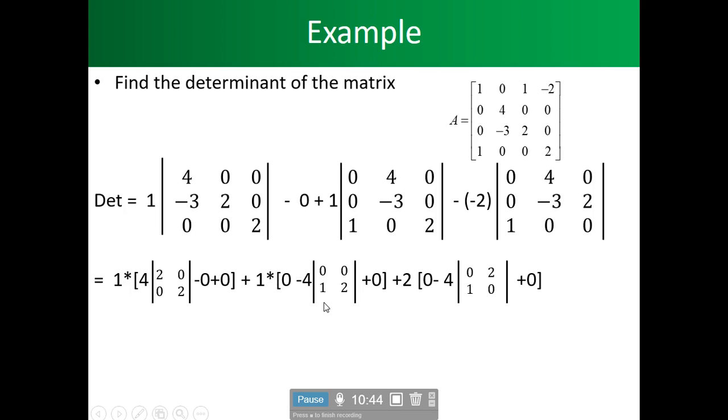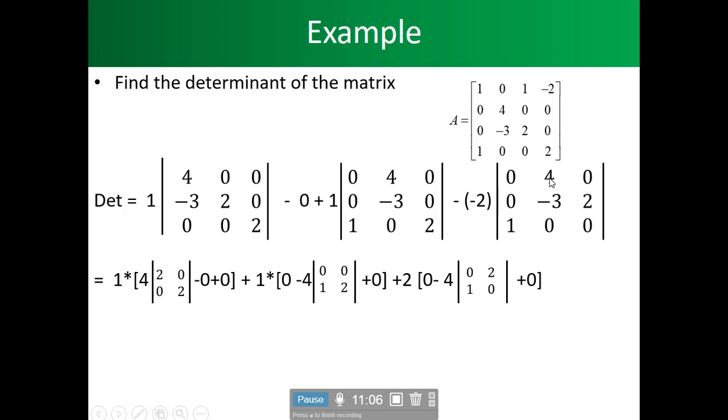Now we have a 4. The 4 is going to be these two here and these two here on the end. Then again, this one is going to be 0, so we have a 0 here. Now we're going to add this because a minus times a minus equals a plus 2. Now we're going to use this first one as 0.